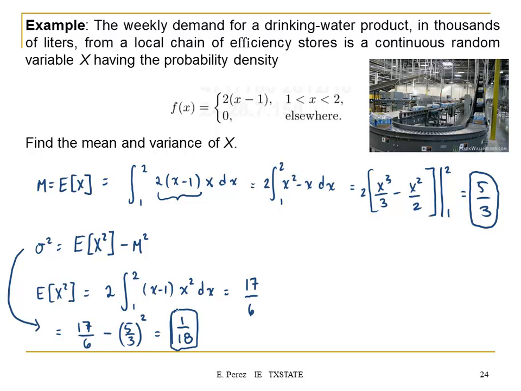Since it's continuous, in order to find the expectation, we need to integrate the function times the value of x. We find the mean. Then we need to find the expectation for x squared. We do that here. Then we can substitute this number and this number to get the values.